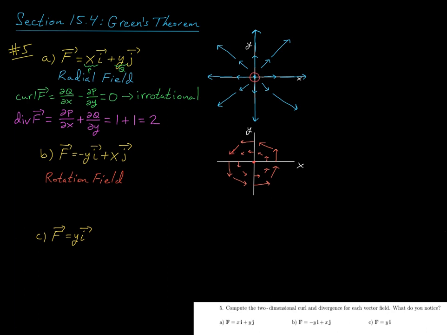Well, if we're acting radially outward, there is no rotational tendency created by this vector field, so it makes sense that our curl would be 0 there. Now for the divergence, that's measuring the flux density of the field, right?